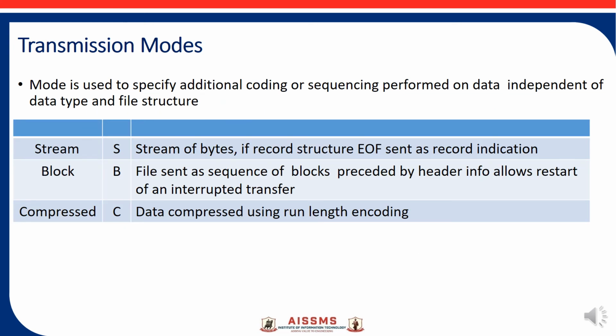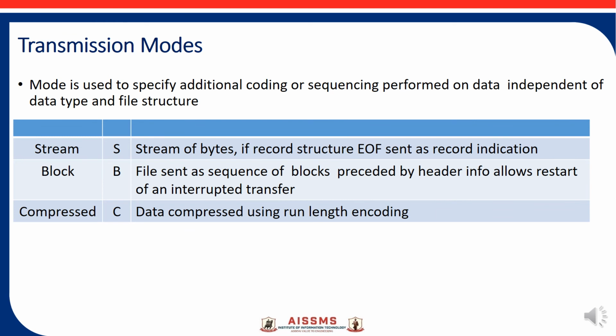These transmission modes are used to specify the additional coding, or we can say sequencing, performed on the data independent of data type and file structure. There are a total of three types of transmission mode present in the FTP: first one is stream, then block, and then compressed. Let's see one by one. First, stream means it is a stream of bytes.